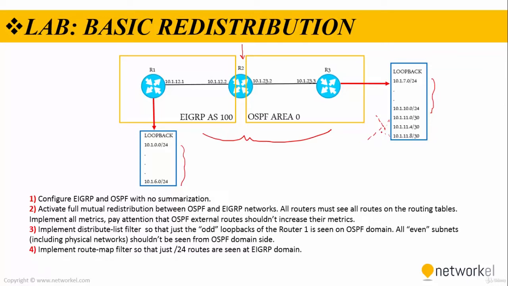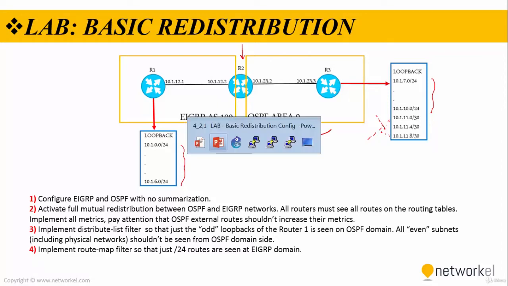Alright. What I'm going to do here first, guys, is configure the basic EIGRP and OSPF for the routers in my topology. I'm going ahead with router 1, which is in the EIGRP AS 100.